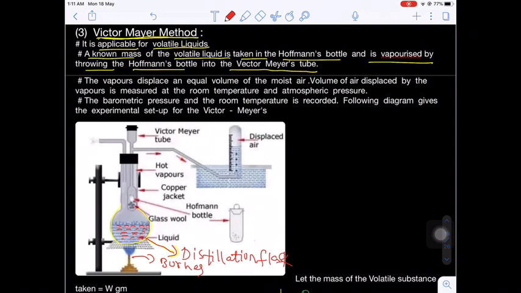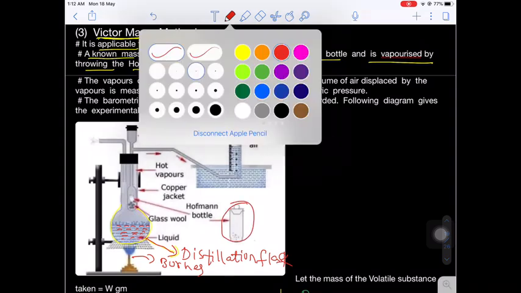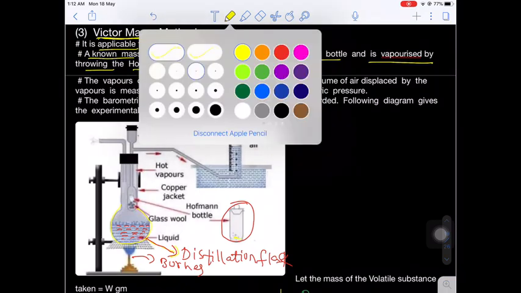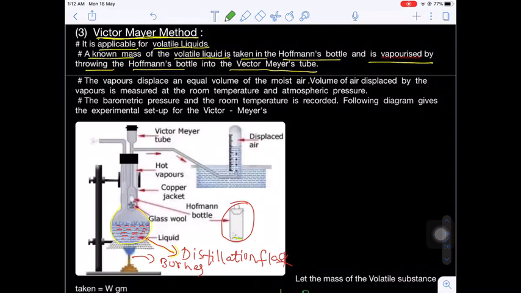Now, there is one tube which is known as the Hoffman bottle tube. In this Hoffman bottle, the given sample, the compound whose molar mass is to be determined, is filled as a liquid, and this bottle is suspended over the surface of the other liquid.